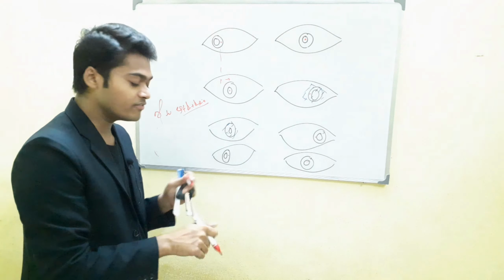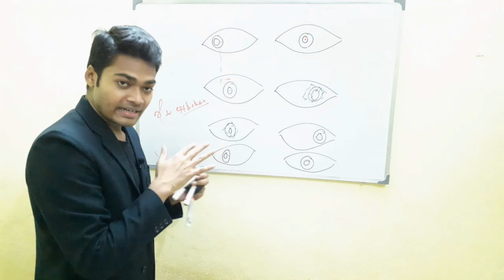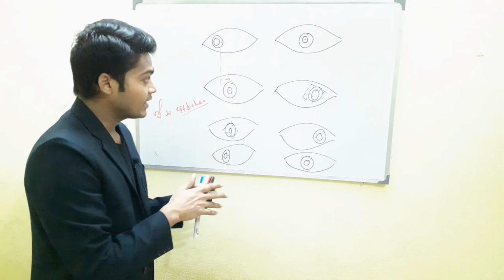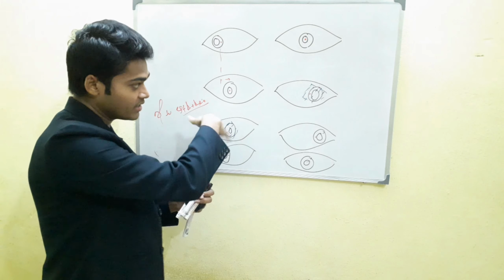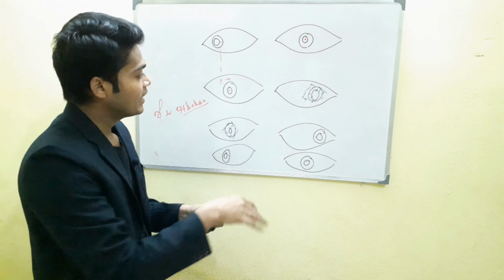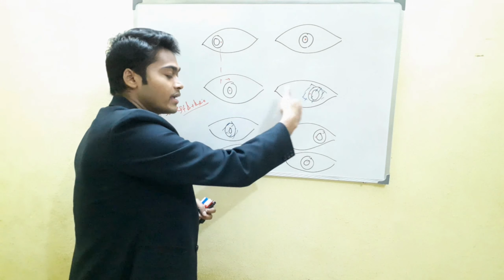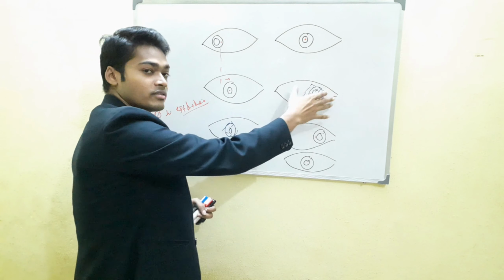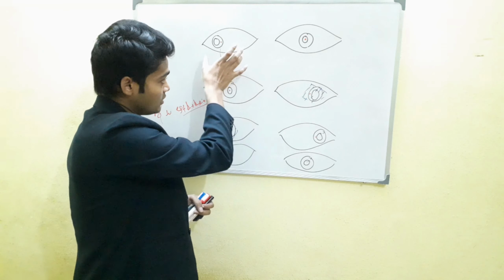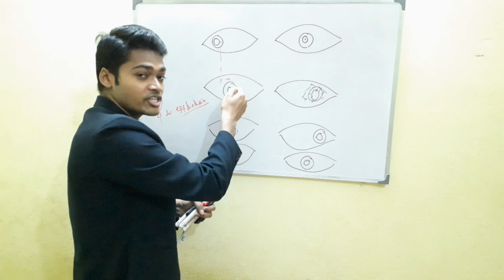The first one: if the eyes are alternate exotropia in the alternate occlusion or alternate cover test, what did we get? If we cover the eye, it gets deviated, and the deviated eye maintains fixation, right.